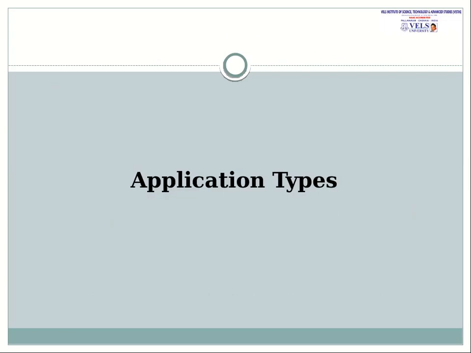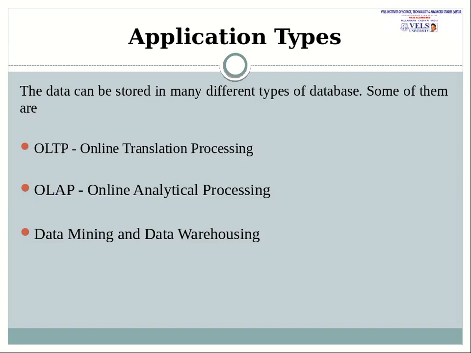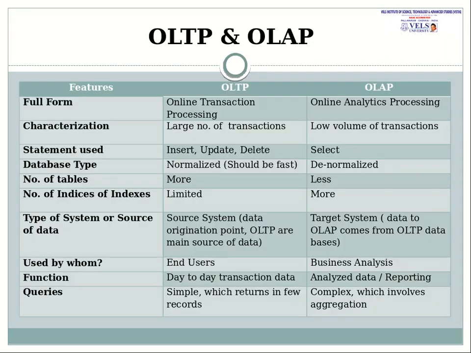In application types, data can be stored in different types of databases. One is OLTP, that is online transaction processing, and online analytical processing, and data mining and data warehousing. First, differentiating between OLTP and OLAP is important in database management systems. OLTP means online transaction processing and OLAP means online analytical processing.